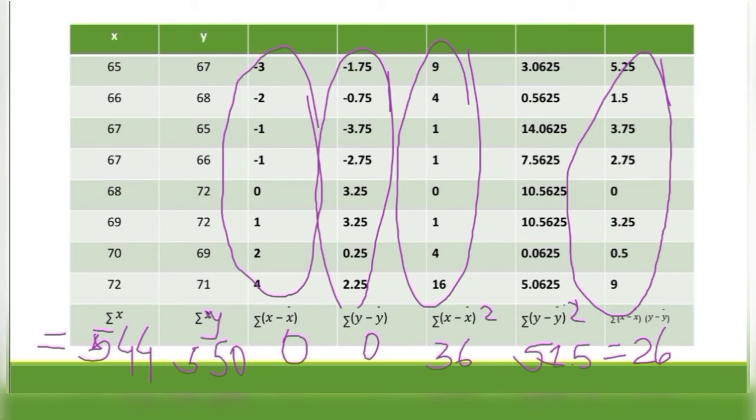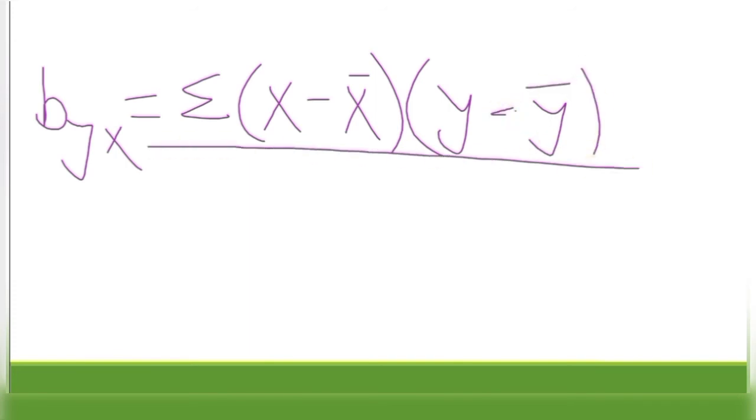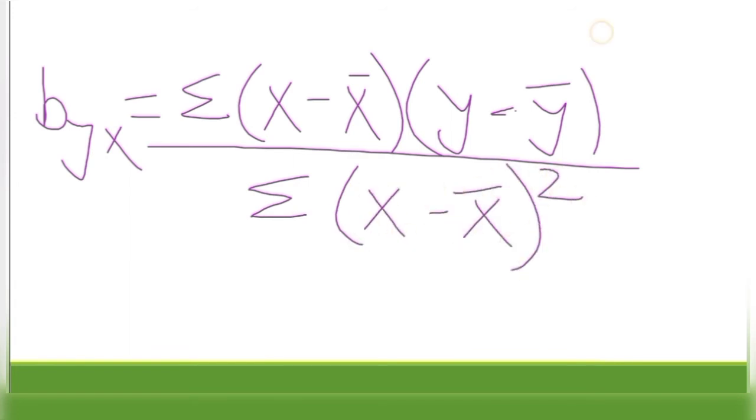In question, we have been asked to find out the lines of regression. So we'll need bxy and byx. So byx is equal to sigma x minus x bar into y minus y bar divided by sigma x minus x bar whole square.